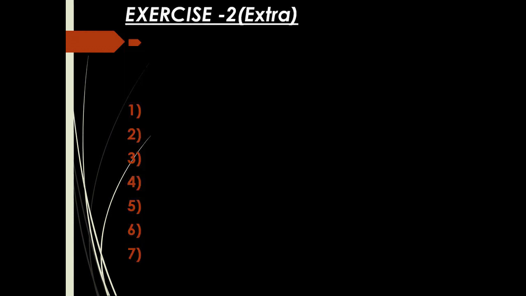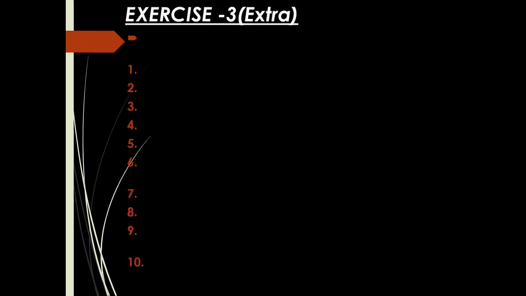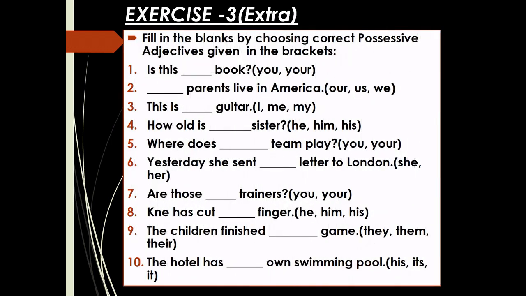Exercise number 2 is fill in the blanks with some, any or a lot of in the sentences as follows. Exercise number 3 is fill in the blanks by choosing the correct possessive adjectives given in the brackets.